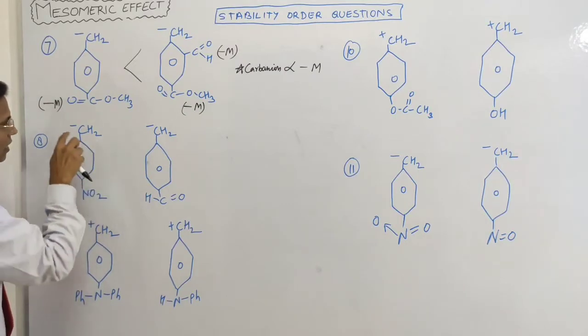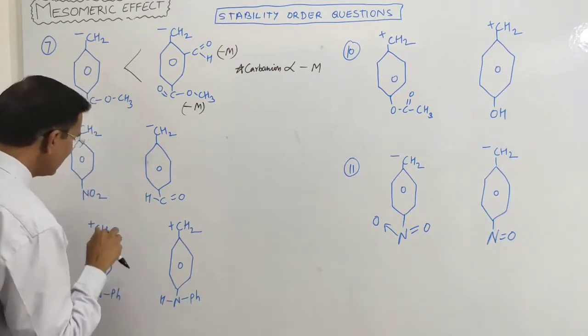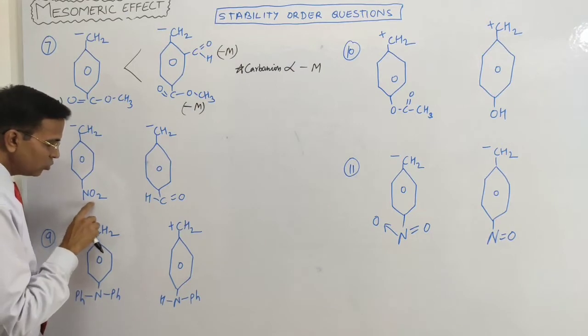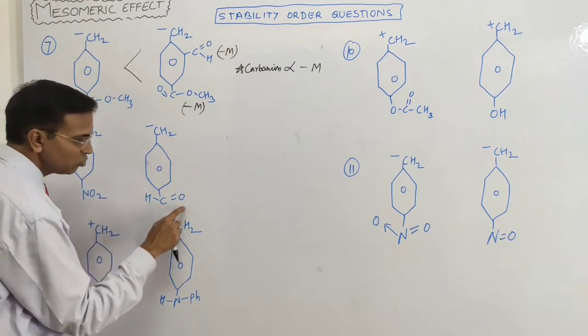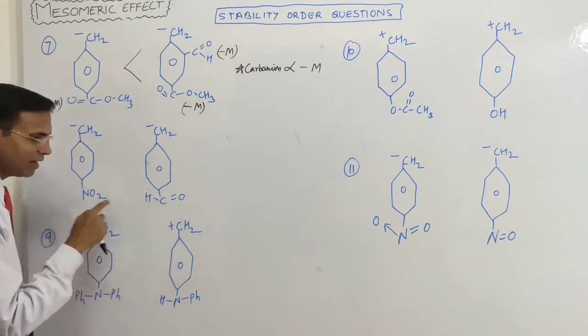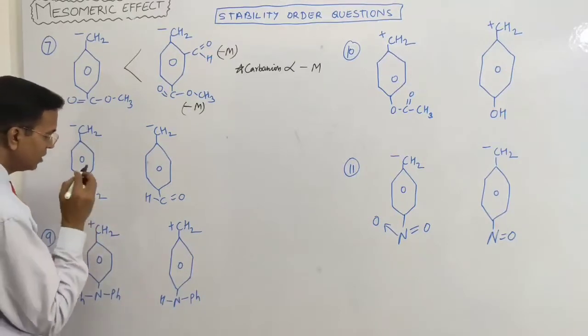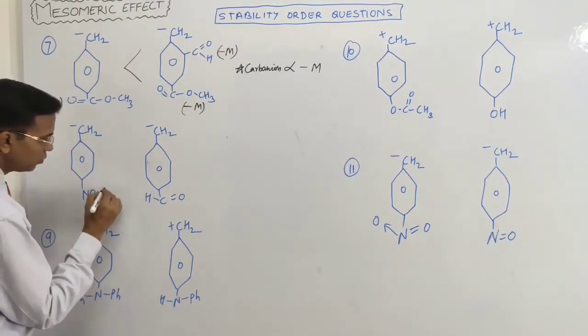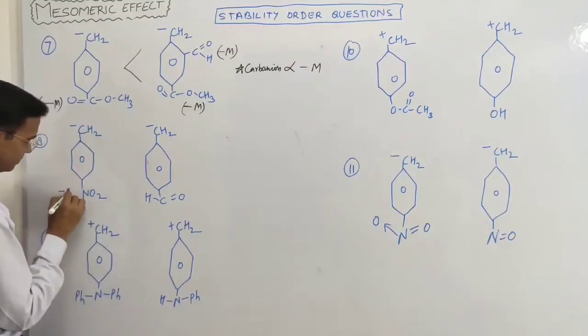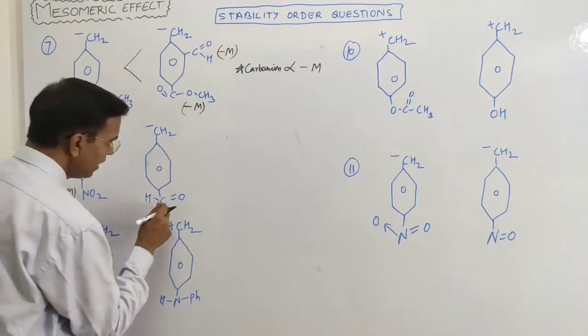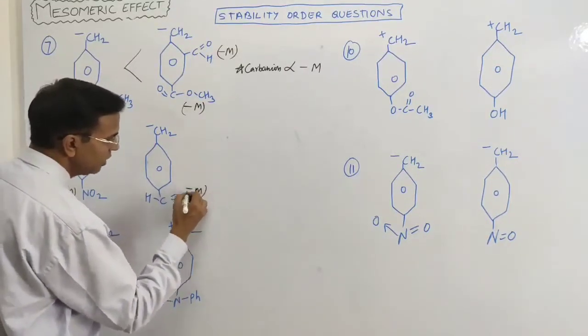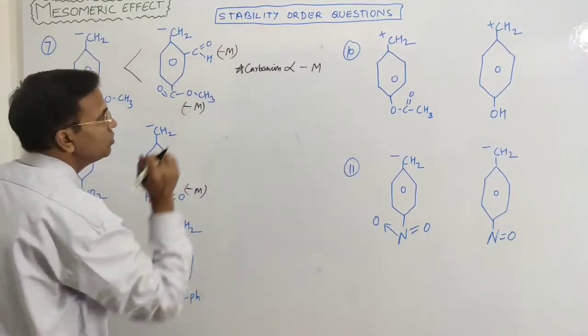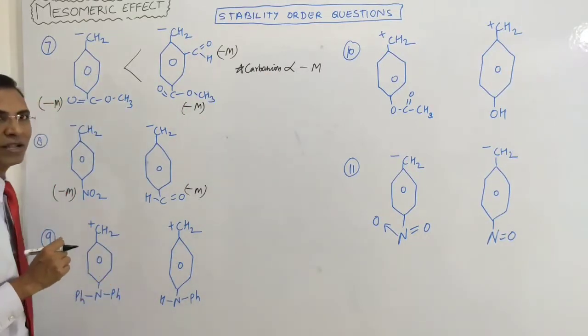In this question, carbanion is there again, and here is the NO2 group substituted benzene and the CHO group substituted benzene. Both are at the para positions, and you know the NO2 group shows the minus M effect, withdraws the electron, and the aldehyde group also shows the minus M, and you know carbanion stability is directly proportional to the minus M effect.